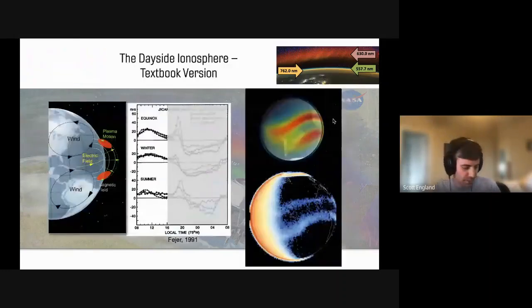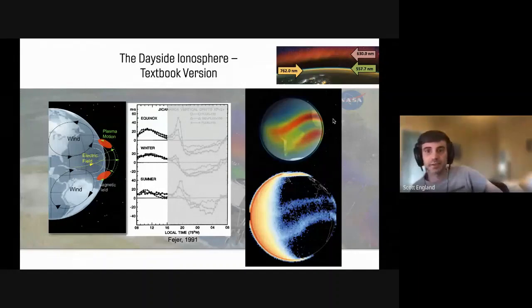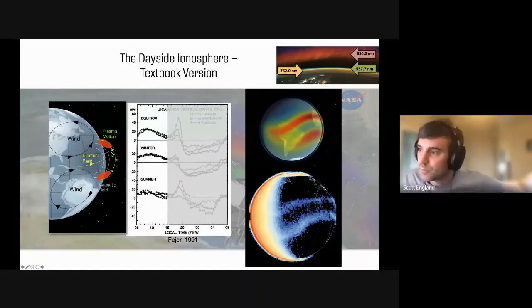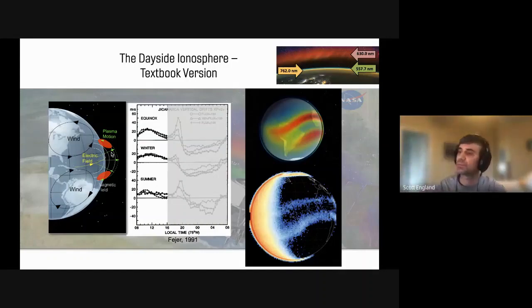And if we look at the low latitude ionosphere, we get a picture like this. Over on the left-hand side is a little diagram of the E region dynamo. In that lower level of the ionosphere, we have pretty dense atmosphere and ions, and so we get a lot of collisions between them.